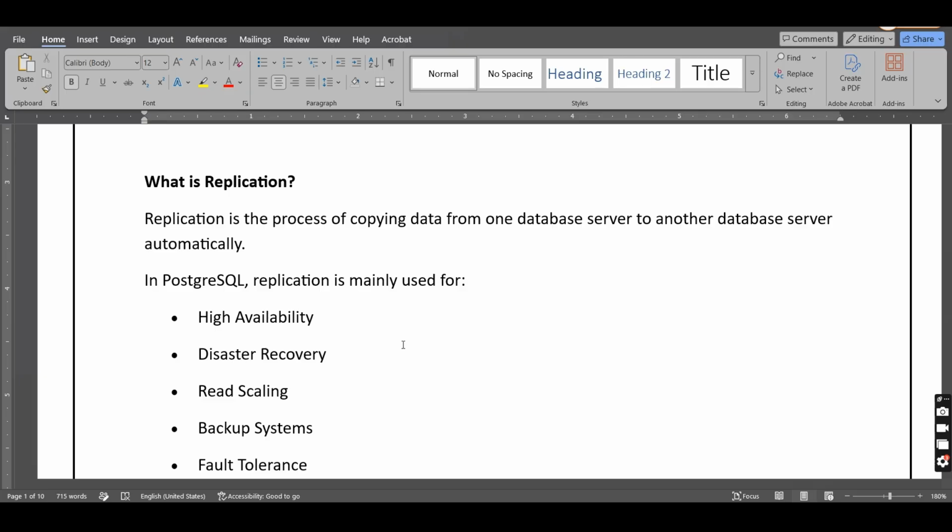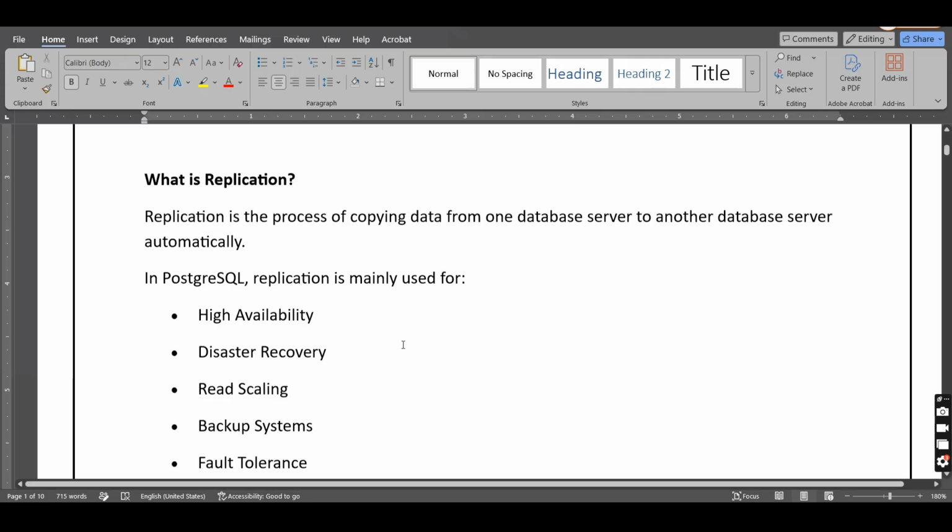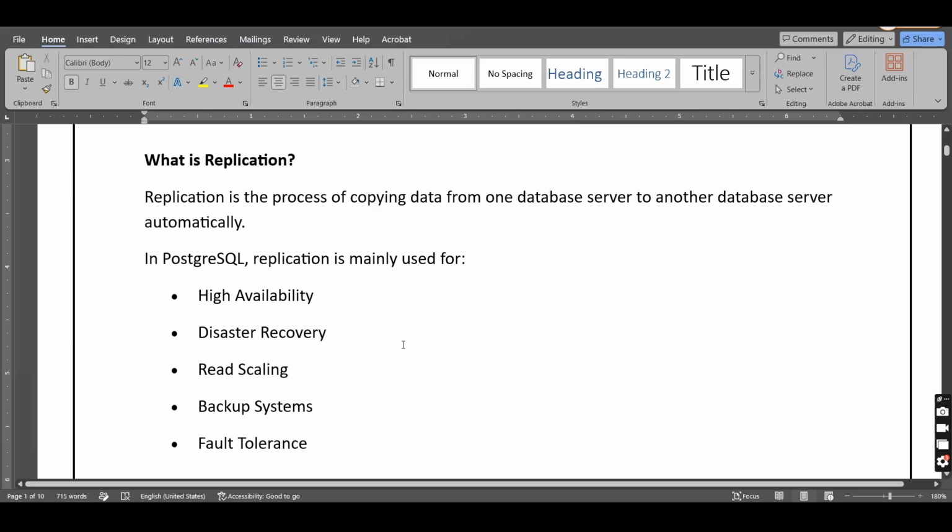You will also use replication for backup systems, when you want to take a backup of the primary system, and replication also makes the system fault tolerant.